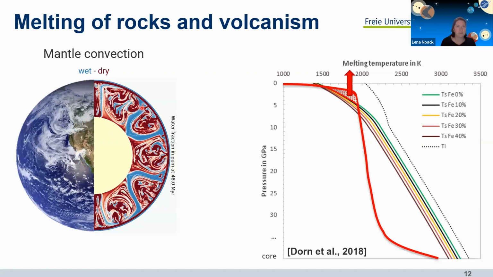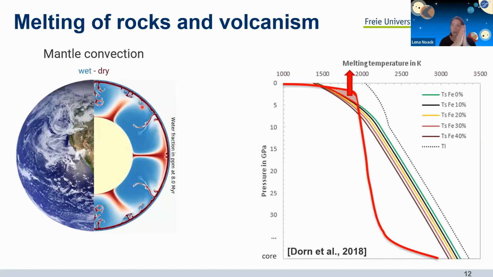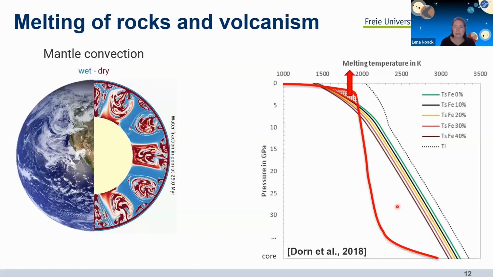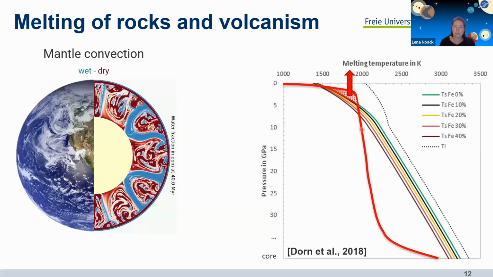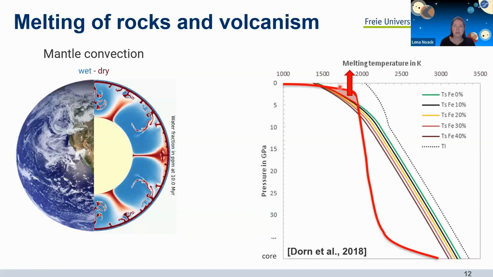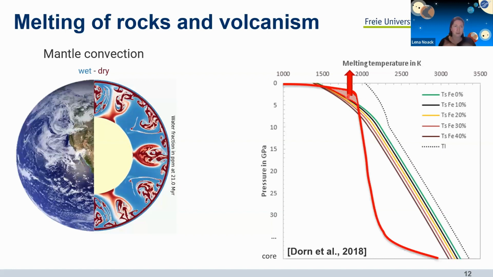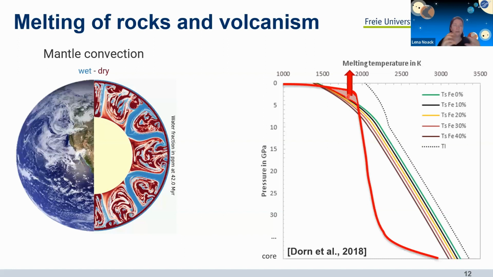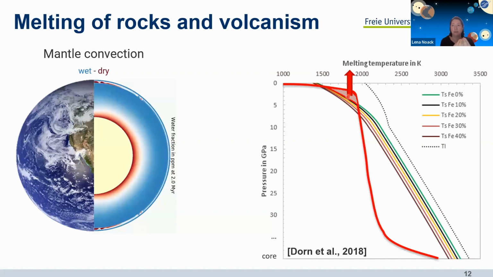If we have material then going towards the surface, at least what you can see here in this simulation, is that if the material is very hot, it's heated up at the core mantle boundary. At some point, it will reach shallow pressures where the temperature is so high that the solid material will start to melt.